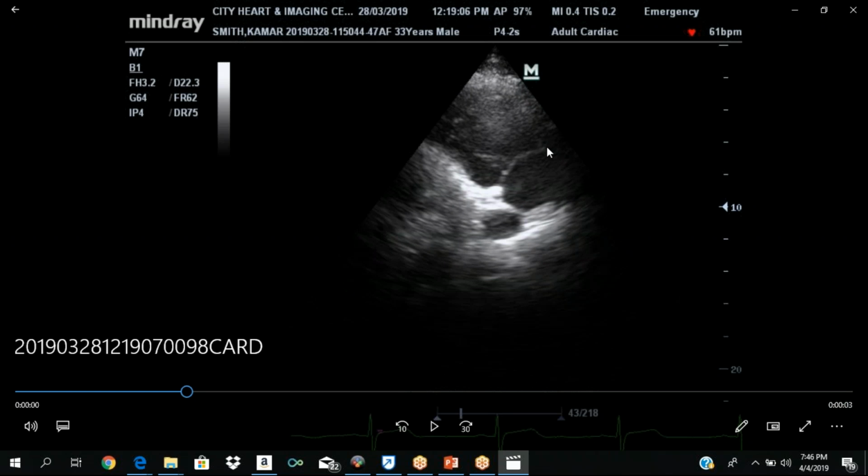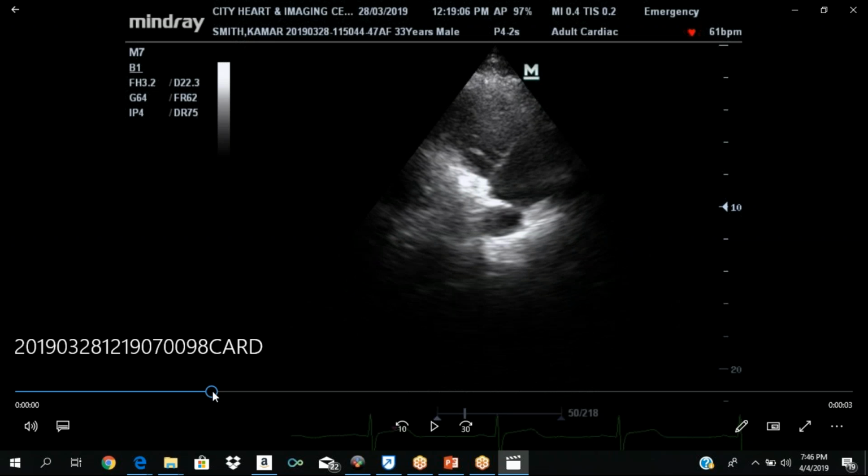This is the tricuspid valve. The right ventricle is on top and the right atrium is at the bottom. This over here is the posterior leaflet of the tricuspid valve, and this is the anterior leaflet.